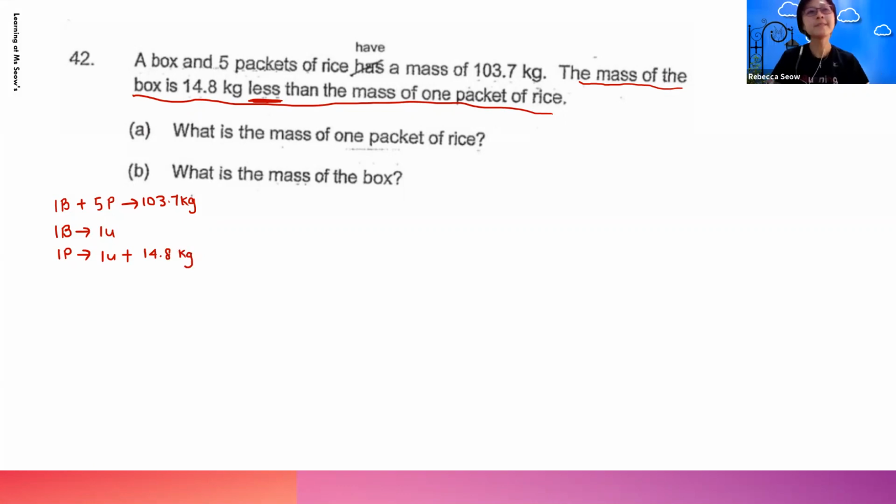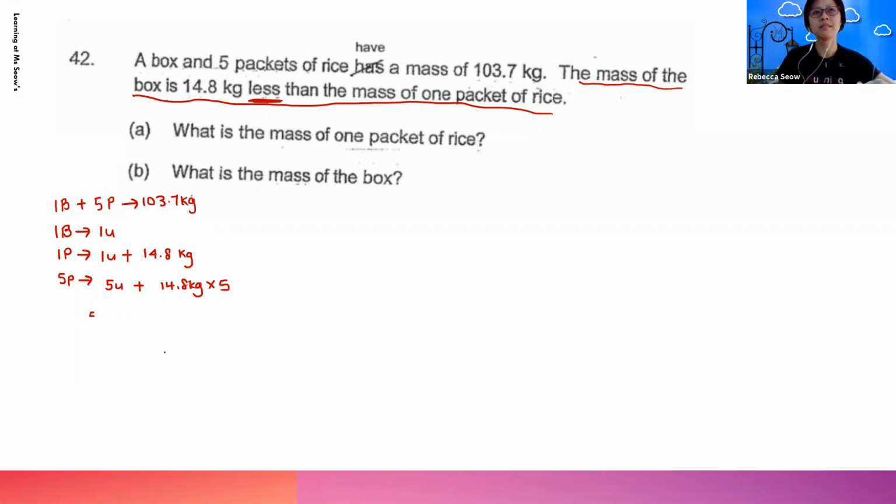Now, since one packet of rice is 1U plus 14.8 kg, can we find the mass of 5 packets of rice? 5 packets of rice basically means one packet plus one packet plus one packet plus one packet plus one packet, right? So everything is 5 times over. So instead of 1 unit, 5 times of 1 unit will make up 5 units, and 5 times of 14.8 will make up 14.8 kg times 5.